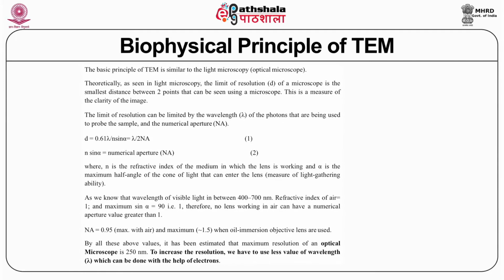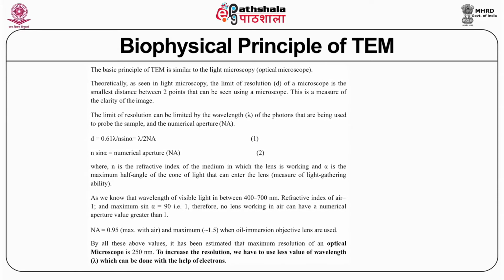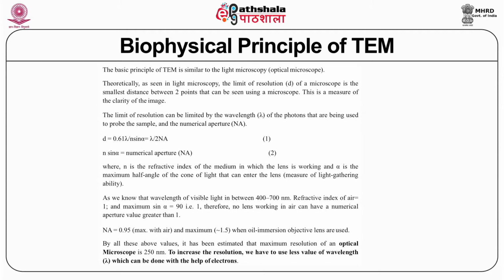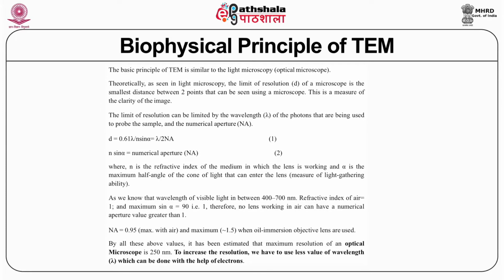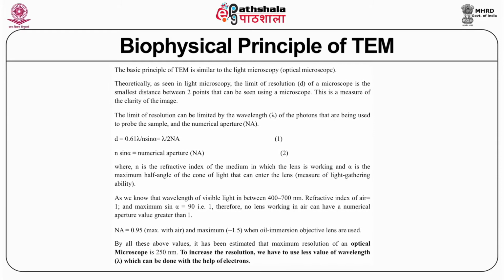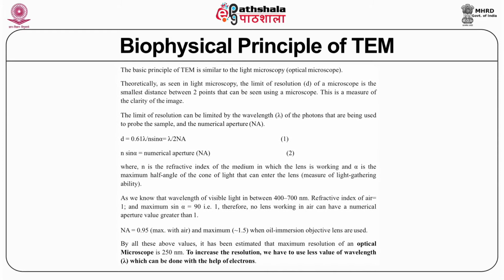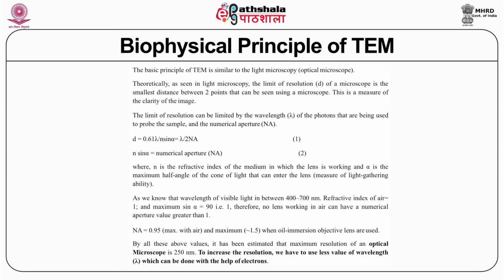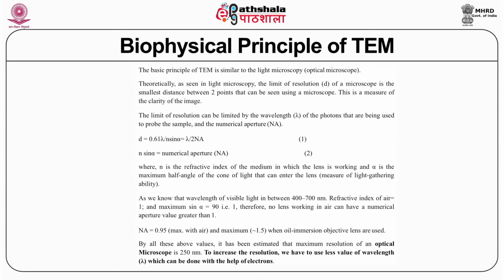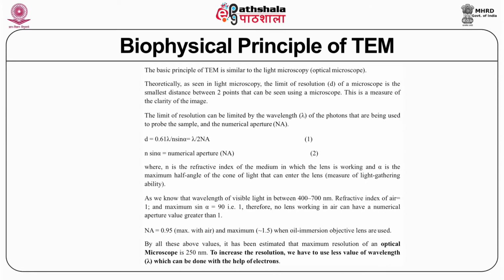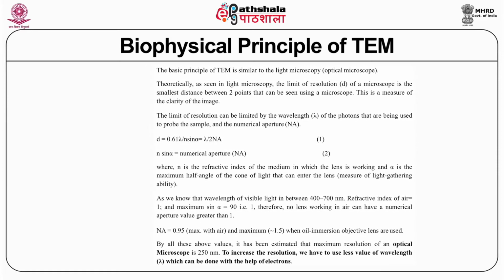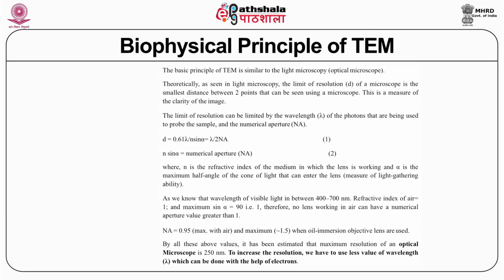We know that the wavelength of the visible light region is about 400 to 750 or 800 nanometers, and the refractive index of air is 1. Therefore, the maximum of sin alpha, with sin 90 equal to 1, gives an NA of about 0.95 maximum for air, and for oil it is higher, 1.5.